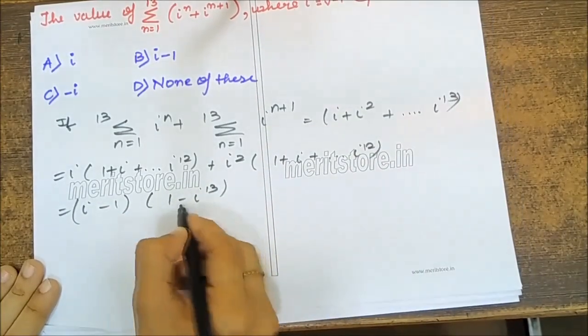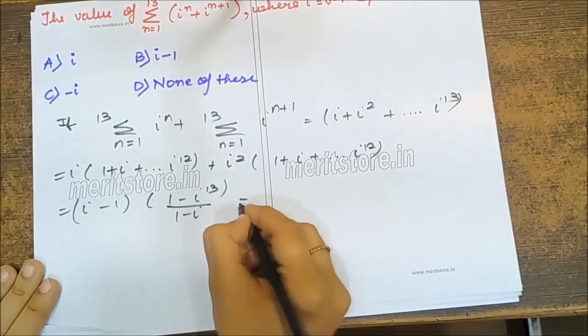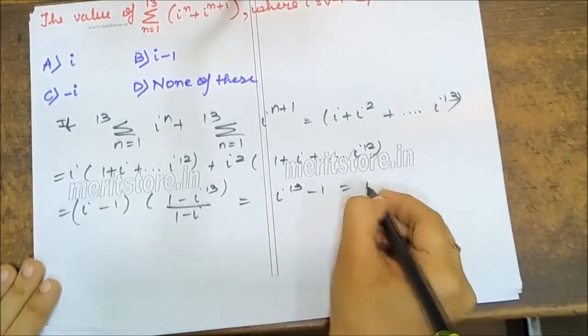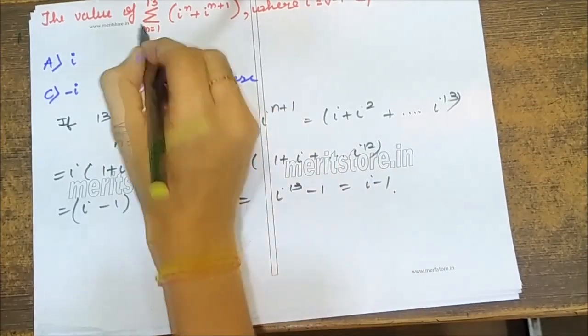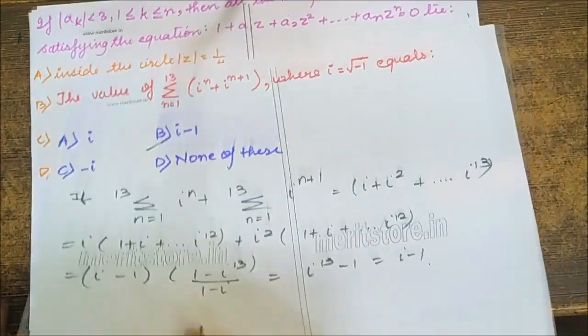Putting the value for i minus 1, the answer is B, minus 1.